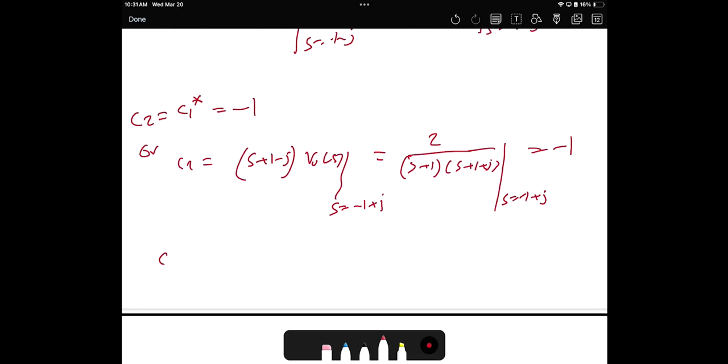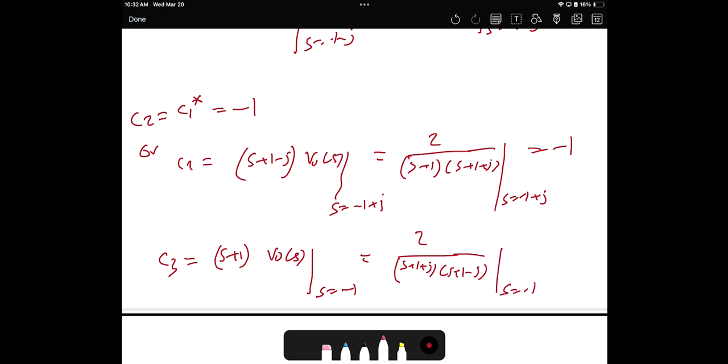Then the last thing is to find C3. C3 will be S plus 1 times VO of S when S equals negative 1, which is going to be 2 over S plus 1 plus J times S plus 1 minus J, substituting S equal to negative 1. So the answer, I think, will be 2.